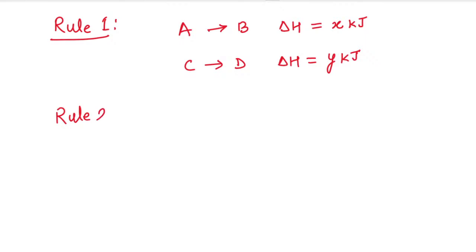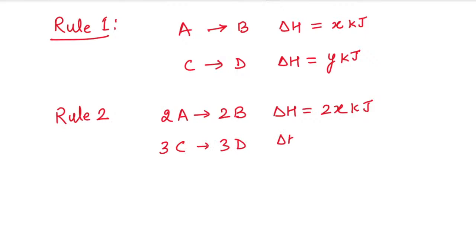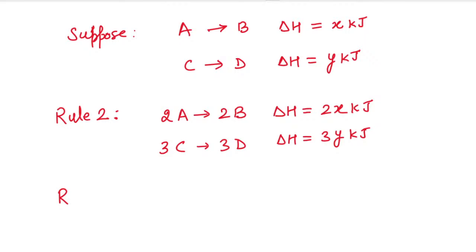Suppose A to B delta H is X and C to D delta H is Y. So the first rule is the multiplication rule. If we multiply the first equation with 2, or with any coefficient, delta H becomes 2X kilojoule. And if we multiply it with 3, then delta H becomes 3 times.